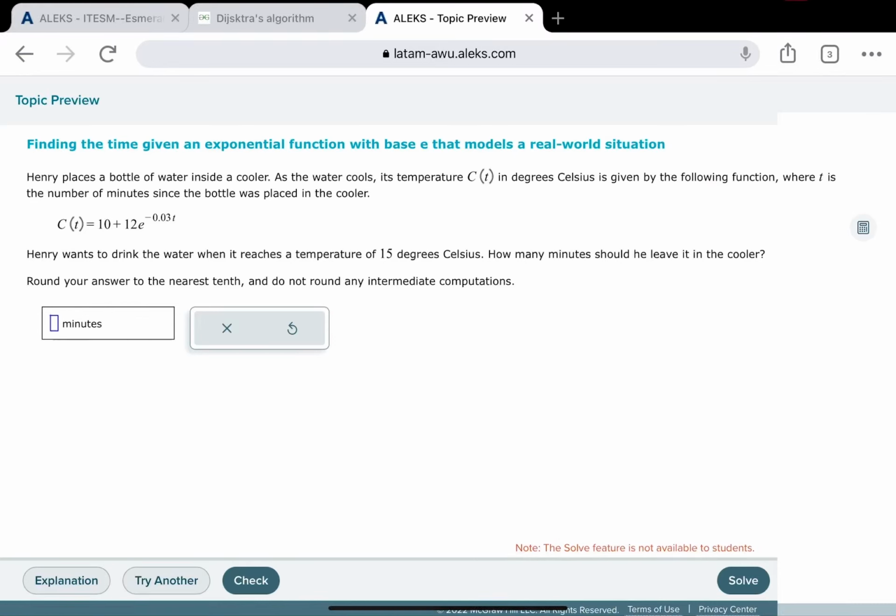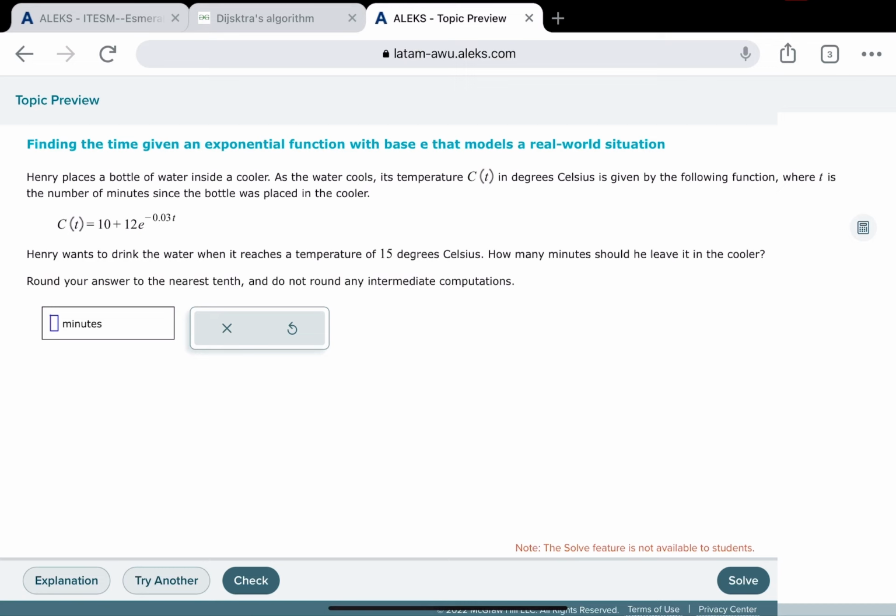Finding the time given an exponential function with base e that models a real-world situation. So for the fourth topic of this model, we have a problem which says Henry places a bottle of water inside a cooler.